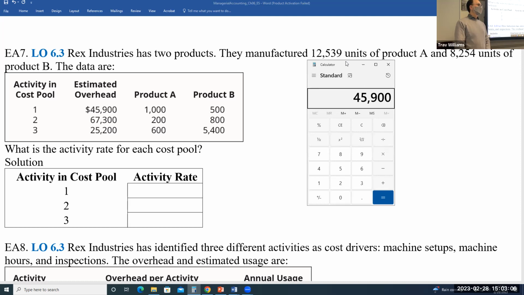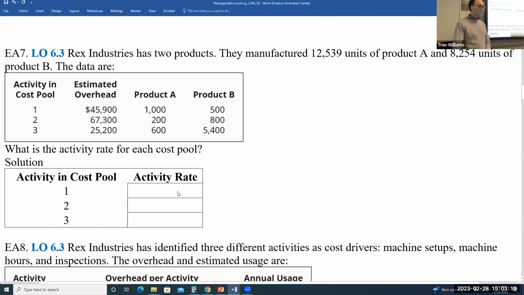Oh, part of the one for each of both products. Right, we have to combine both products to get our total activity. 1,500. So the rate is $30.60 per activity, whatever that activity is.